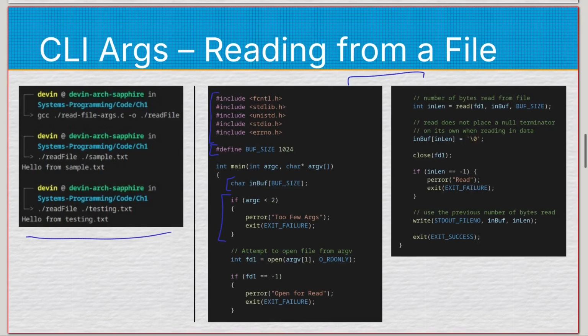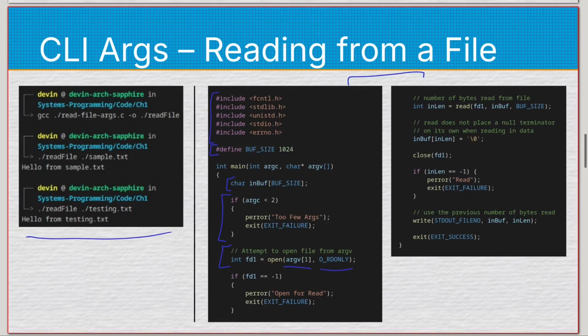So that's done there. Once we validate we have that, I open argv[1]. Remember, that is the file path, and it is a character array essentially, so I can use the argv entries directly right there. So I just use argv[1] as the actual file path itself.